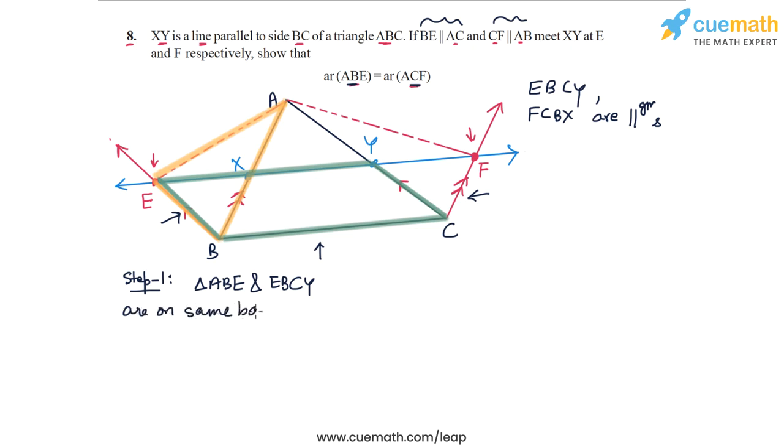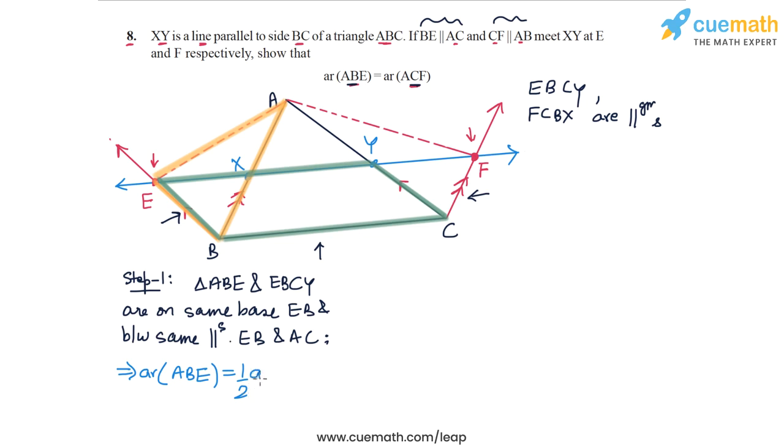The same base is EB and they are between the same parallels. And what are those parallels? So the same parallels are EB and AC. So this means that the area of the triangle will be half of the area of the parallelogram. So we can write area of ABE is half of the area of EBCY. So that's step 1.